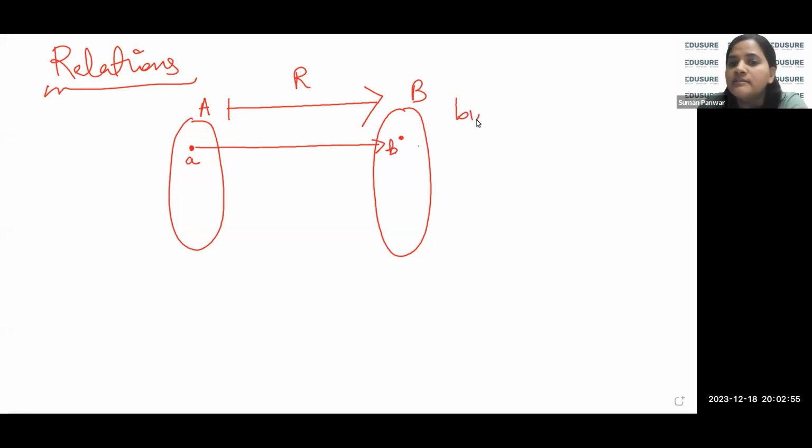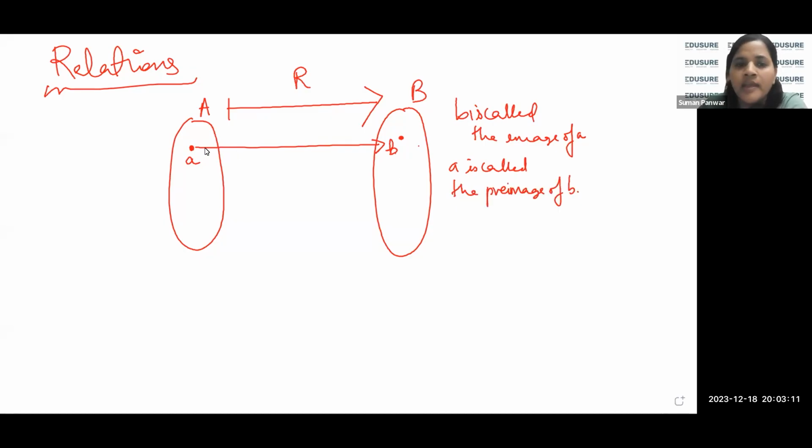B is called the image of A. A is called the pre-image of B. Now we can have something over here, C, and C goes to D. C is called the pre-image of D. D is called the image of C, and so on.